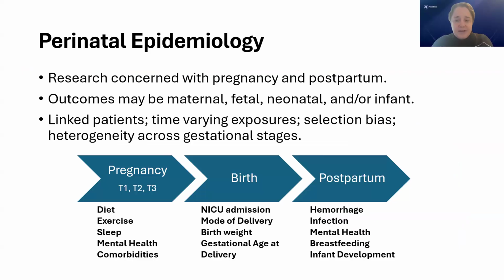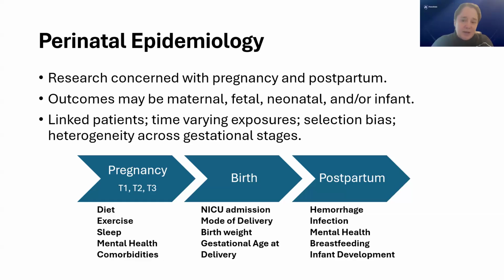In this field, the outcomes we study may be maternal, such as preeclampsia, which is a morbidity during pregnancy, but it could be maternal mortality or other outcomes during pregnancy or postpartum for the person who is pregnant. They could be fetal, such as stillbirth, neonatal, like preterm birth or low birth weight, or they could be even infant outcomes, including growth and development.